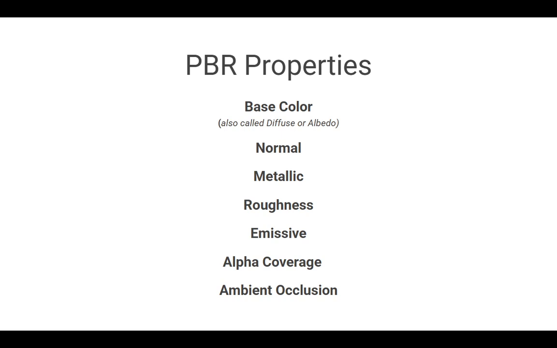The next property is normal, aka normal map. You will see an older version of this also called bump map. A bump map is a black and white material that determines, think of it as pushing up and down on the surface, and it's a way to add more detail into the material without having to generate vertices.